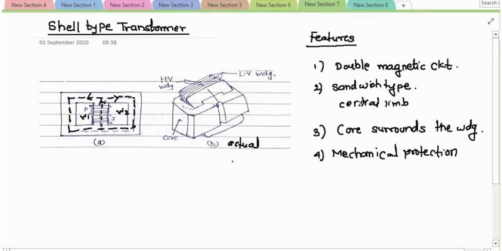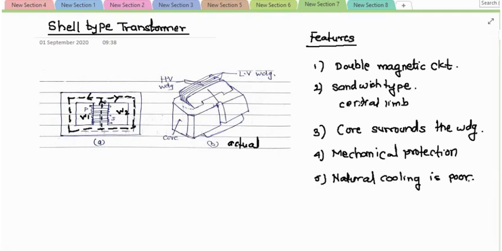Since the coils are placed on the central limb only, they are surrounded by the core, so natural cooling is poor in the shell type of transformer. When the coils are to be withdrawn for repairs, a large number of laminations are to be dismantled in the case of the shell type of transformer.